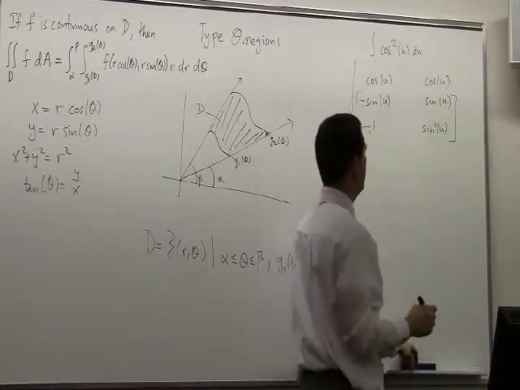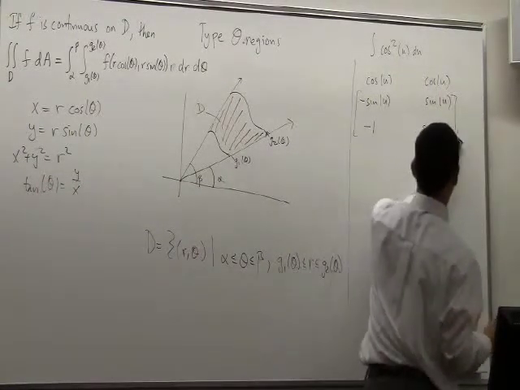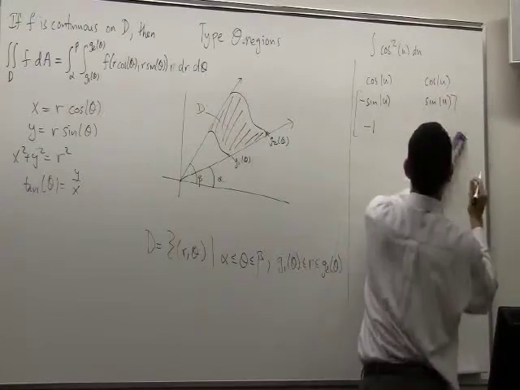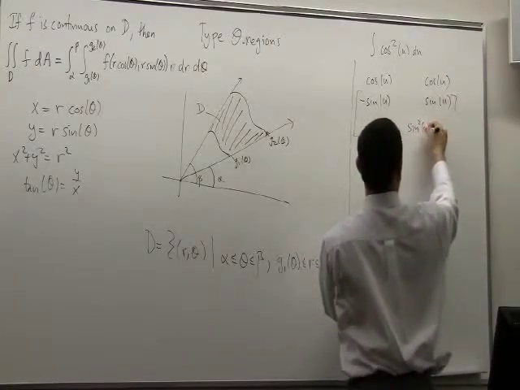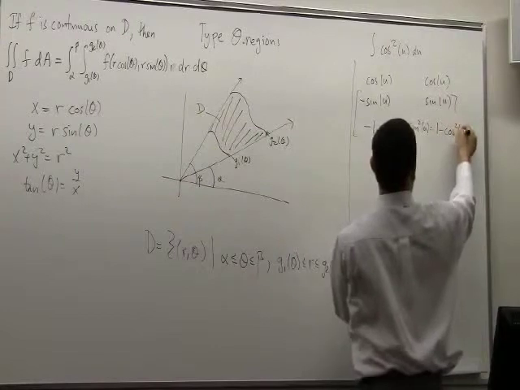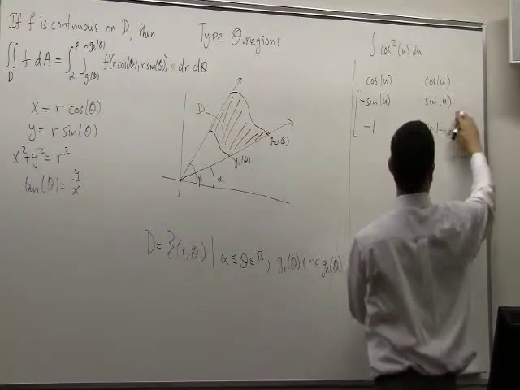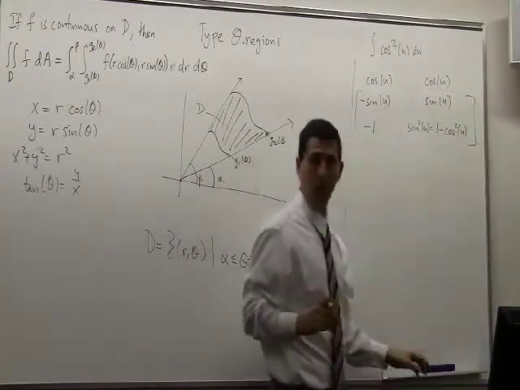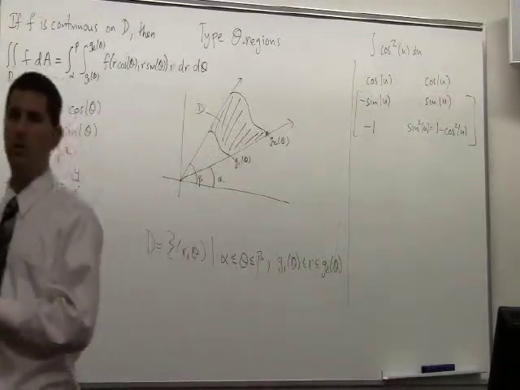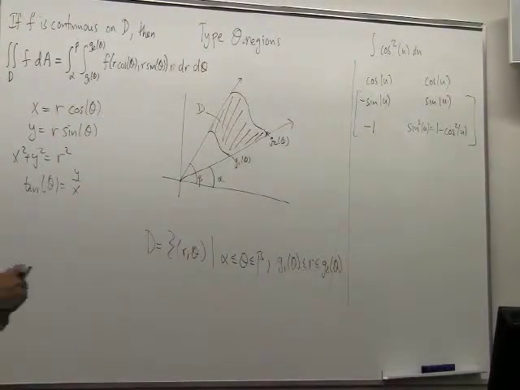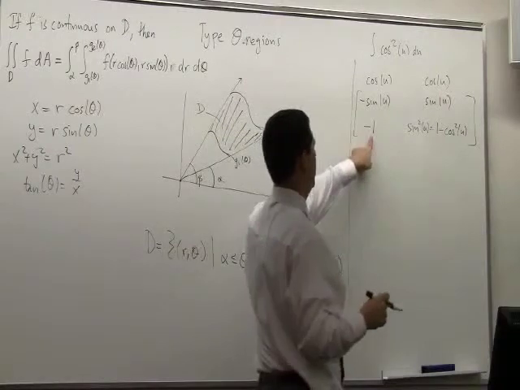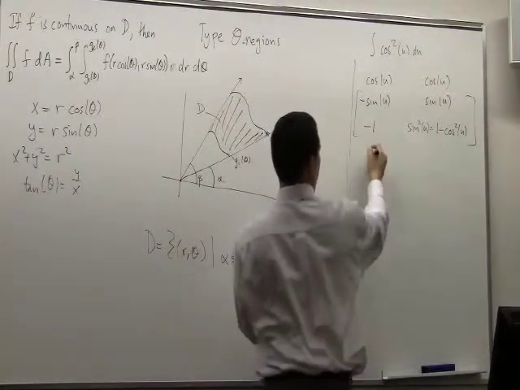But I actually don't want to write it as sine squared. I want to write it as 1 minus cosine squared. Sine squared and 1 minus cosine squared, those are the same. And now I play the game again. I differentiate over here, and it becomes 0.